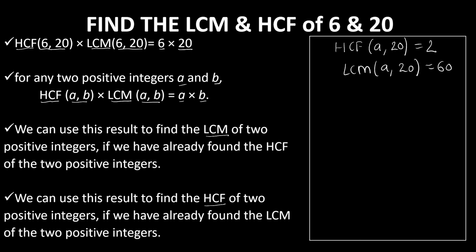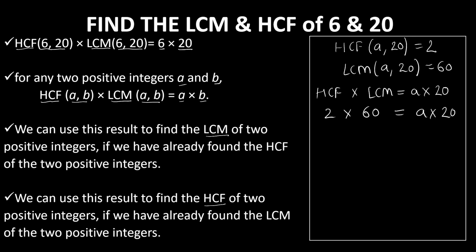Then you can easily find the other number a by using the statement that the highest common factor multiplied by the lowest common multiple of a and 20 is equal to the product of a with 20. So we write 2 into 60 is equal to a into 20. With this we can easily find the value of a.